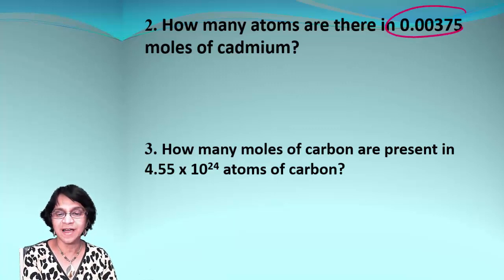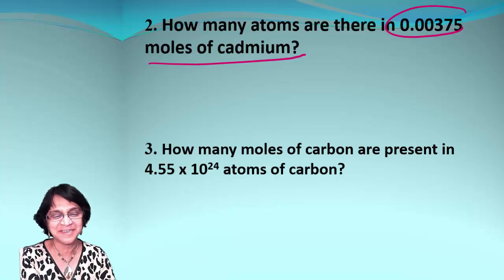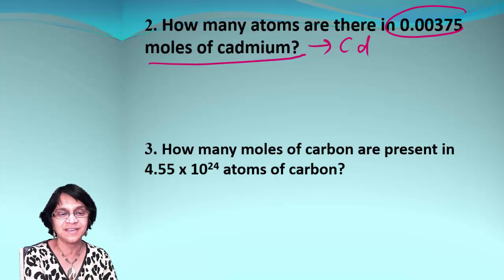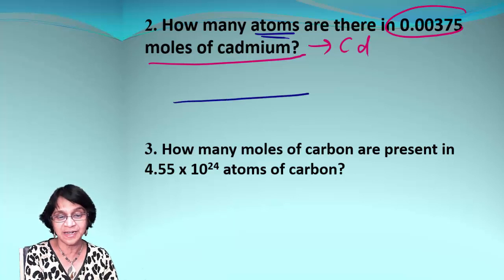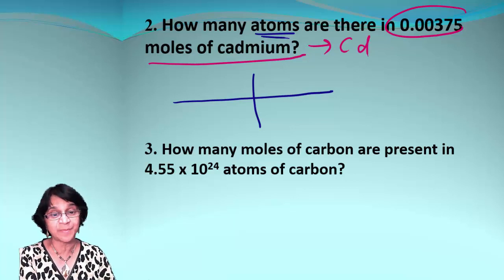Here the moles are given for cadmium. Okay, not candium, cadmium, for which the symbol is Cd. And now let's find out how many atoms it has. So I am going to again directly go to the grid, because I know the roadmap and you should know the roadmap too.